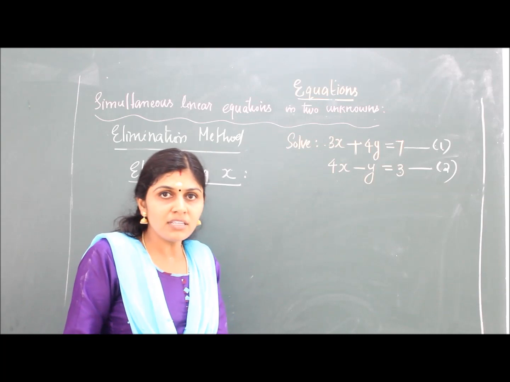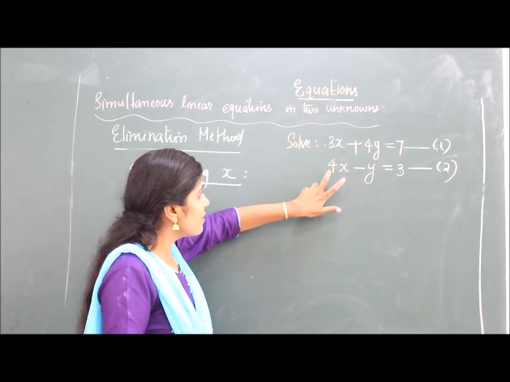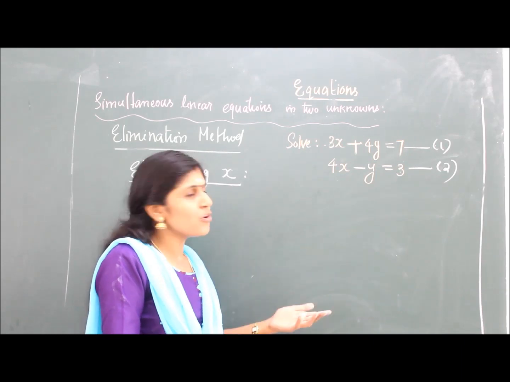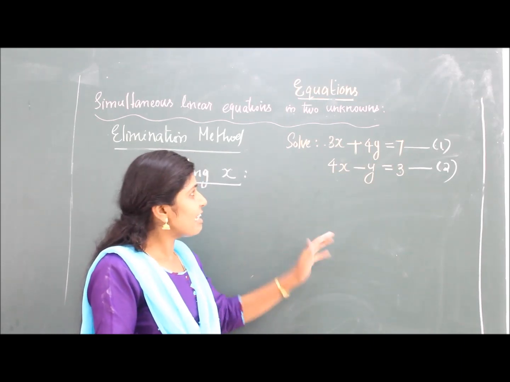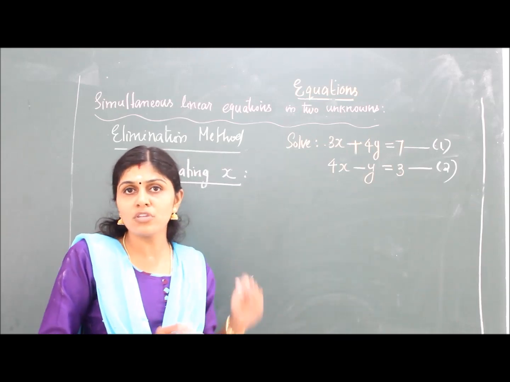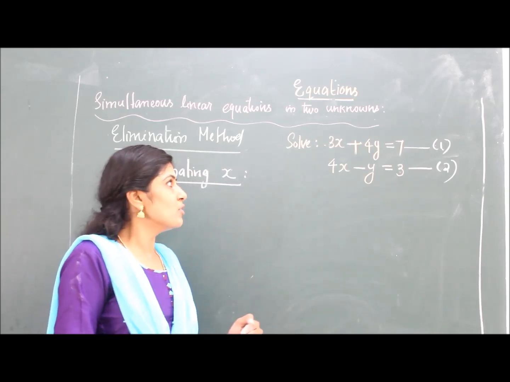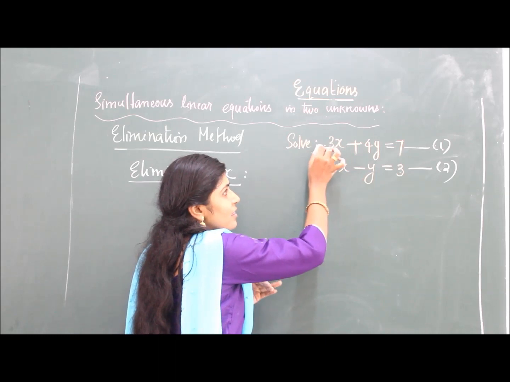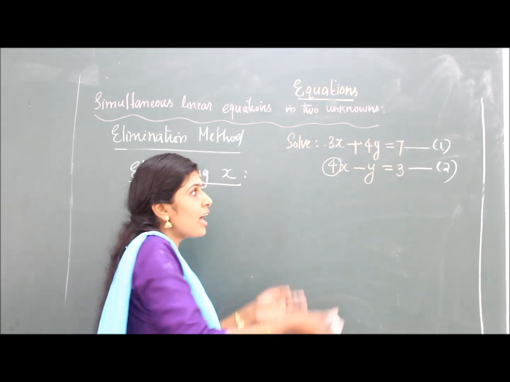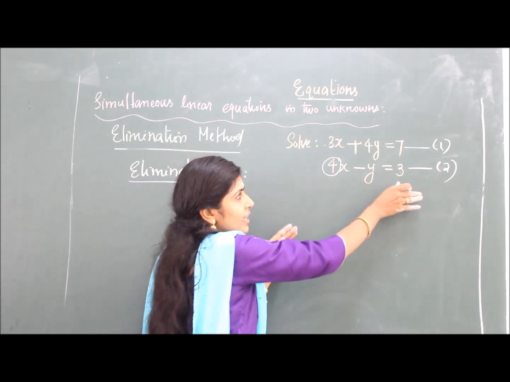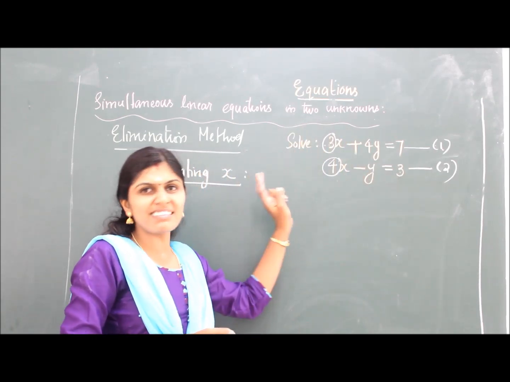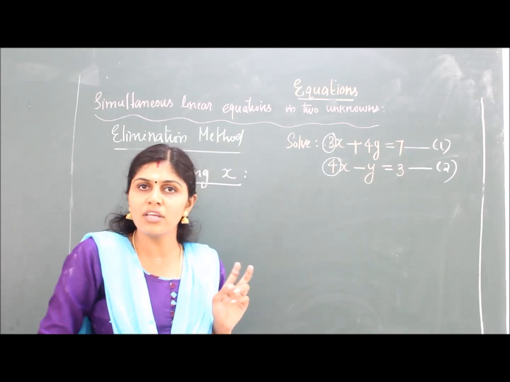So how do we make this 4 and this 3 the same? By multiplying with any other number you can't make 3 into 4 or 4 into 3. So what you can do is multiply the whole first equation by 4 and the whole second equation by 3. That is, we just interchange the coefficients and multiply the whole equation.